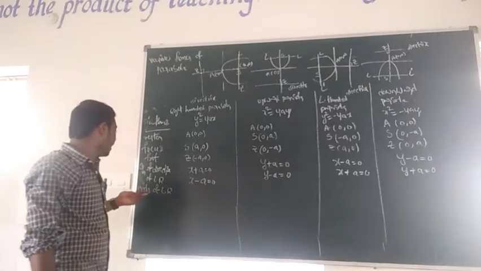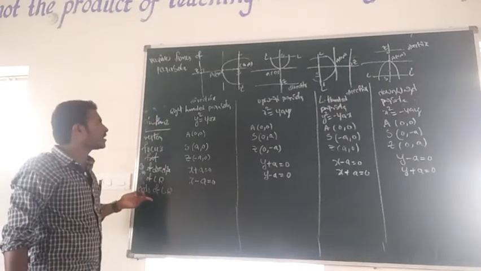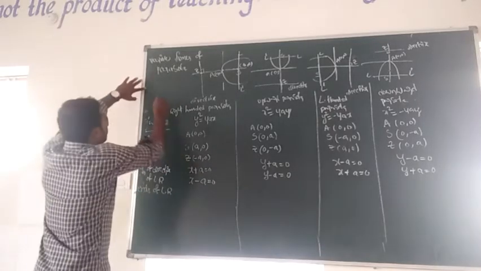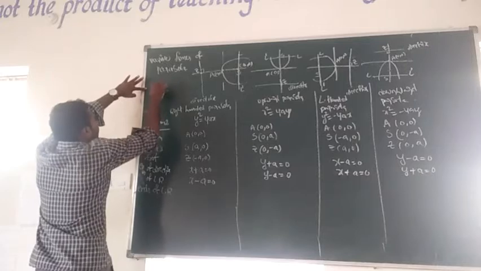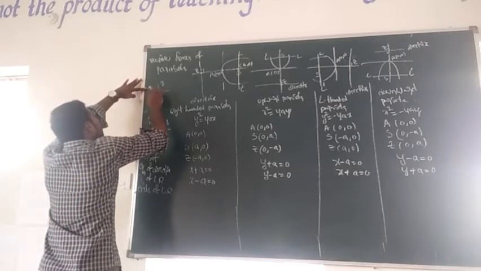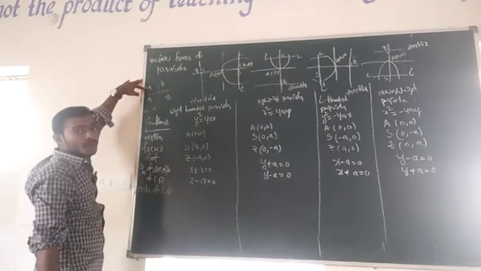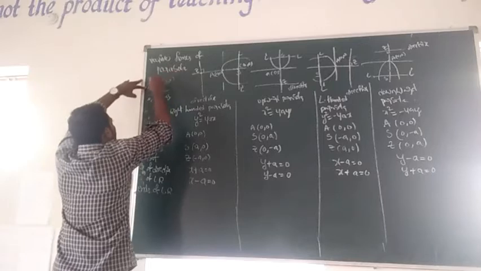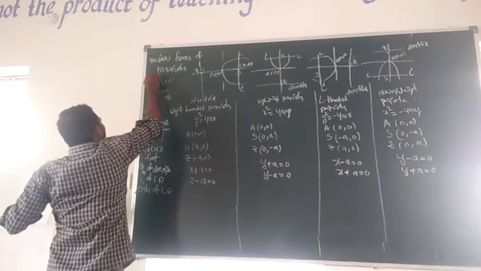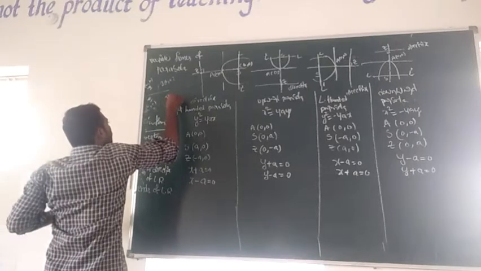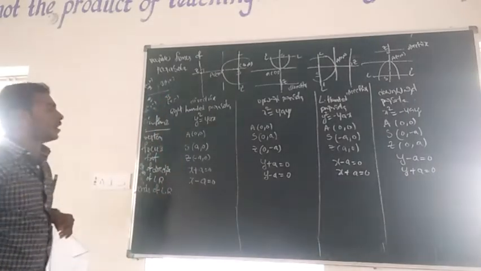Now to find the ends of latus rectum, we take the four quadrants. Suppose we take one rough diagram: first quadrant, second, third, and fourth. In the first quadrant, the x and y signs are positive. In the second, x sign is negative and y sign is positive. In the third, both are negative, and in the fourth, x sign is positive and y sign is negative.